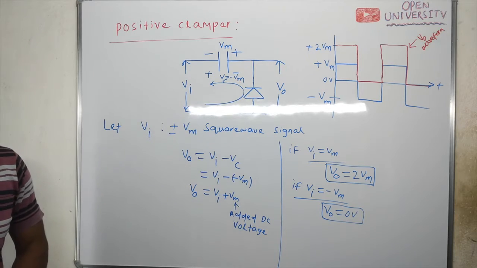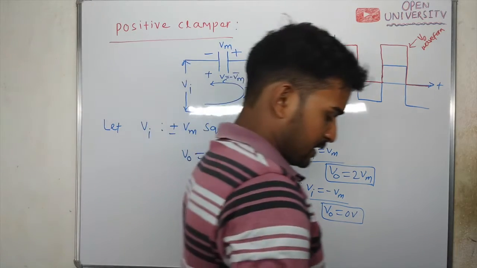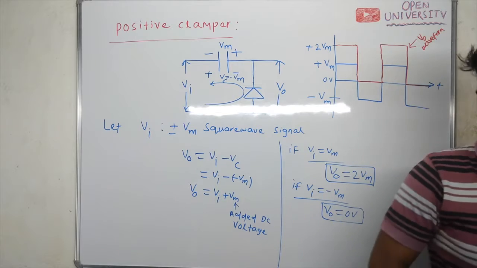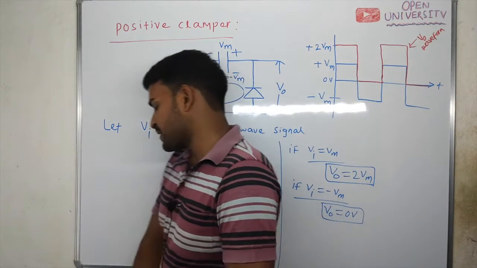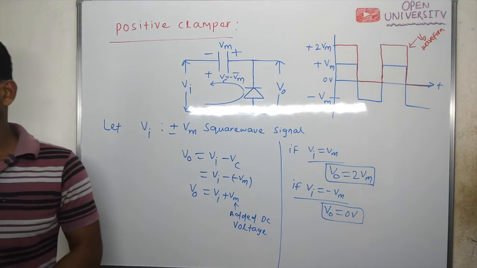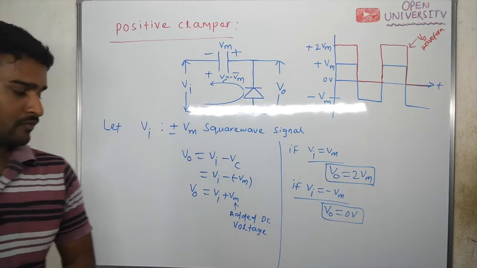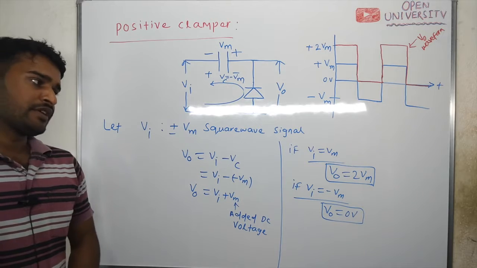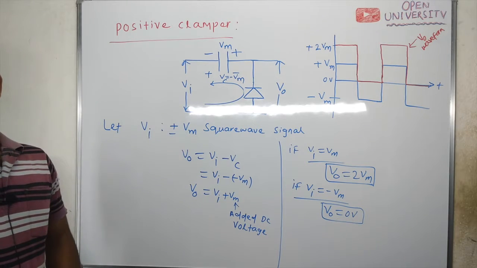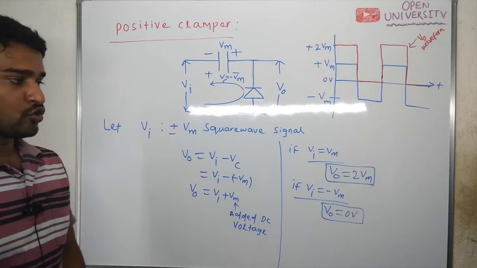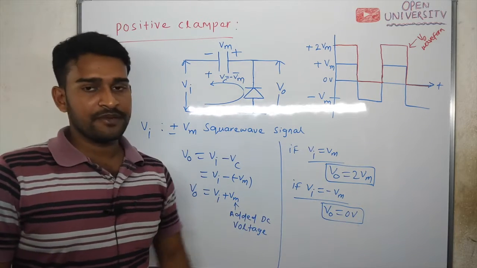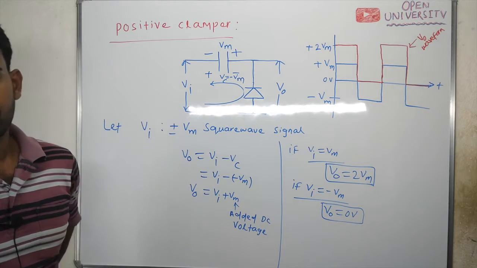Write down. Hence a DC voltage of plus Vm gets added to input. Write down this: when Vi equal to Vm, V naught equal to 2 Vm, and when Vi equal to minus Vm, V naught equal to 0 volt.